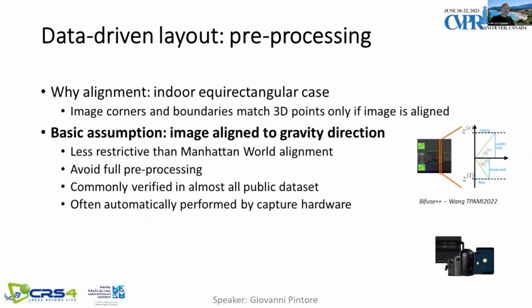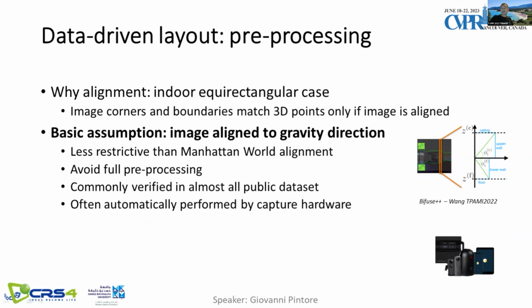Here we can see why images need to be so aligned. The point is that the trigonometric relationship between angles represented in a 2D map and 3D points holds also if image lines are aligned at least to the horizon. For this reason, the basic assumption for indoor reconstruction in equirectangular space is that the image is captured upright.